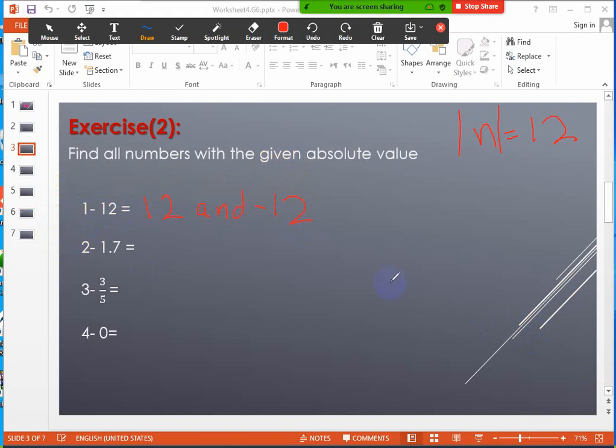Who answered? Rijan. Okay, now let's see. Now Asma, open the mic. What are the numbers whose absolute value is 1.7? Very good. And negative 1.7.